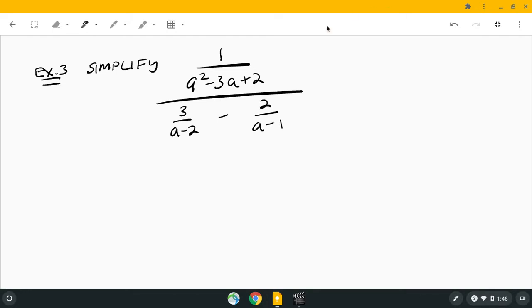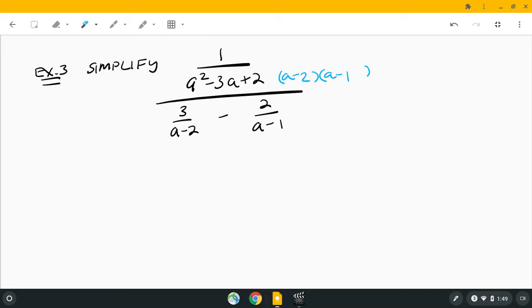Okay, so we definitely have to factor that. Let me do it next to it so I don't have to write everything all over again, just so I can factor this. So this is going to be a minus 2 times a minus 1.